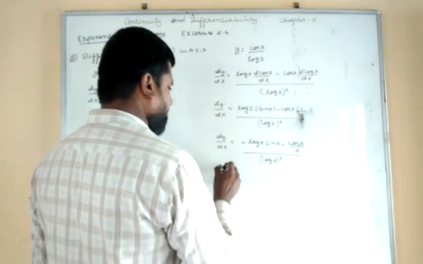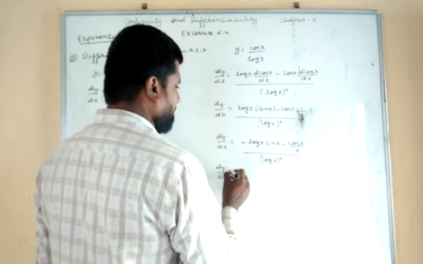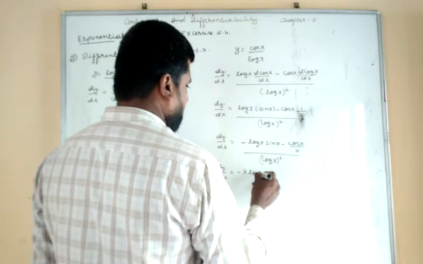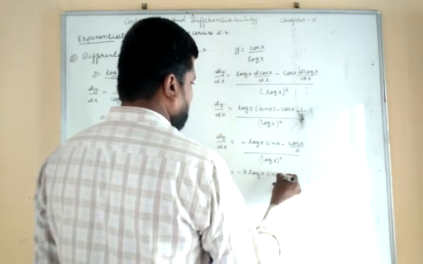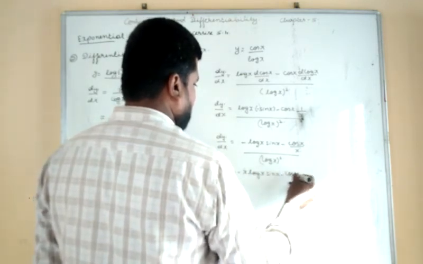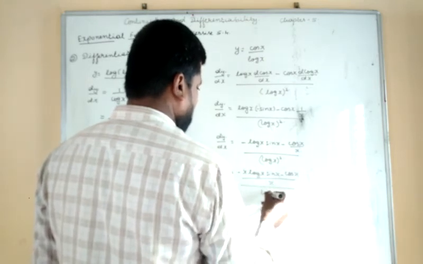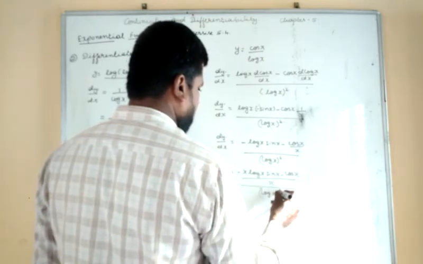If you take LCM, dy by dx is equal to minus x log x sin x minus cos x, by x into log x whole square.